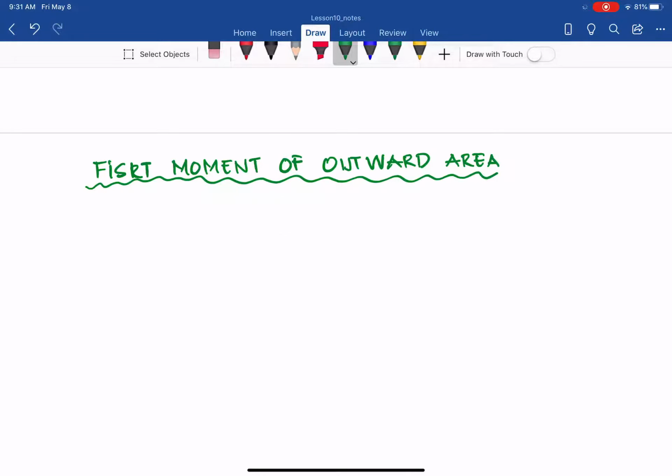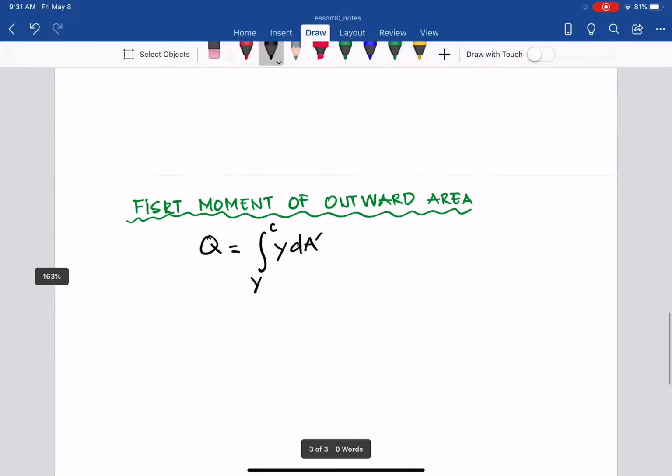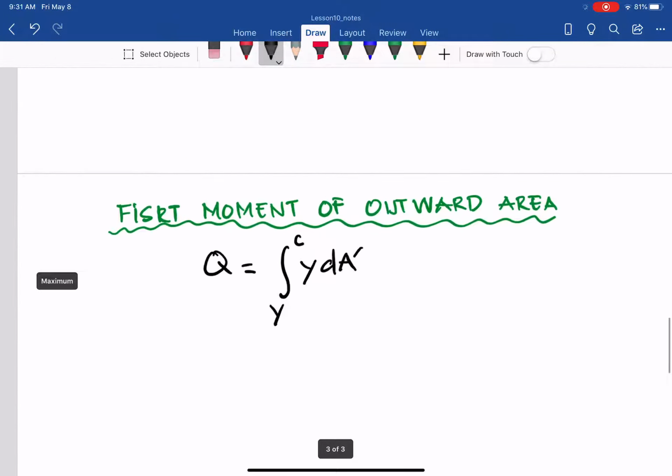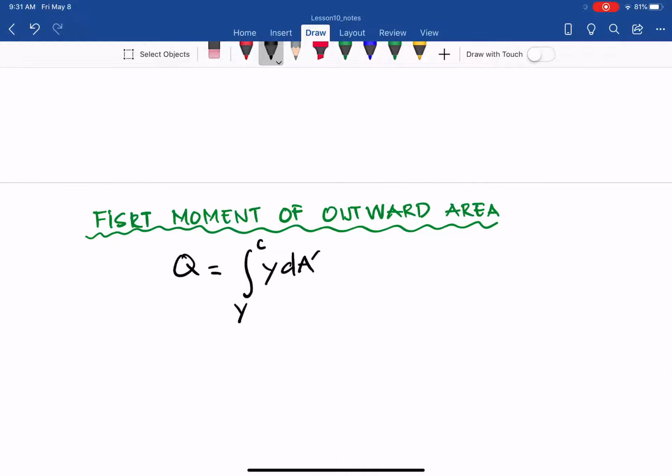And as said earlier, Q equals the integral from y to C of y dA'. So why do they call it the first moment? Because, as you can see, it is the area times y, the perpendicular distance, that's why it's the first moment.